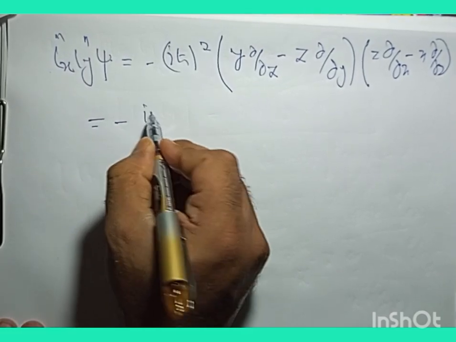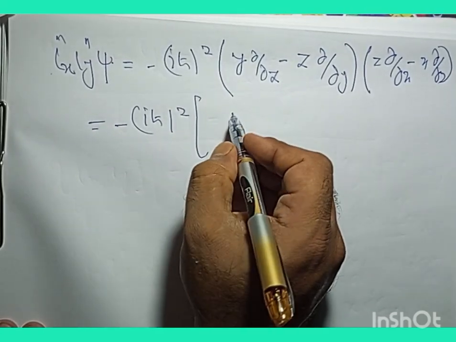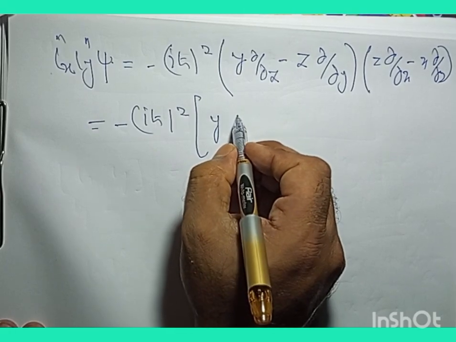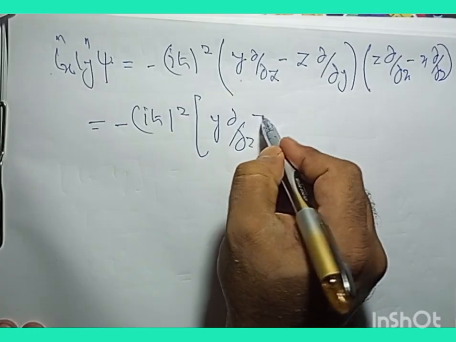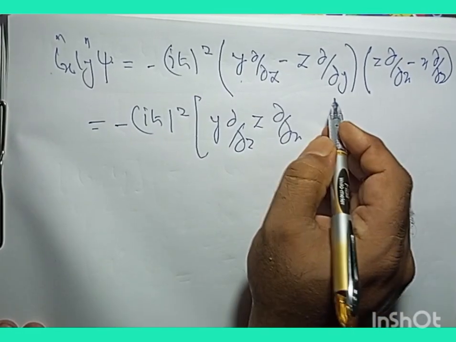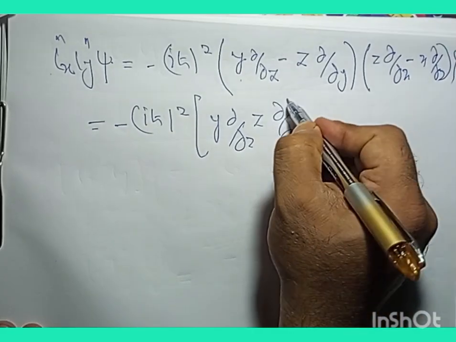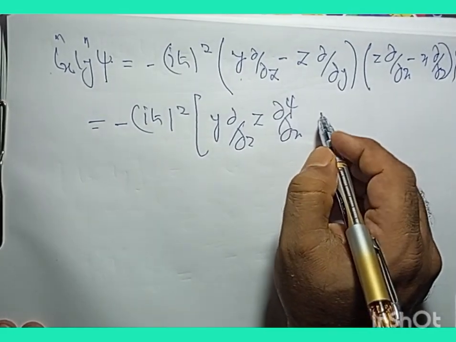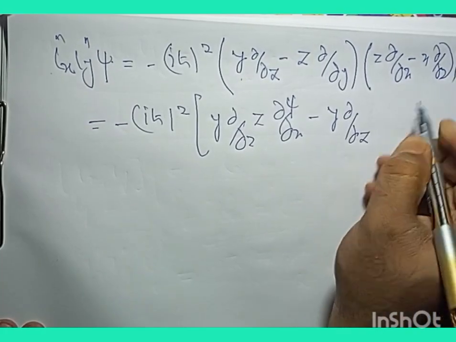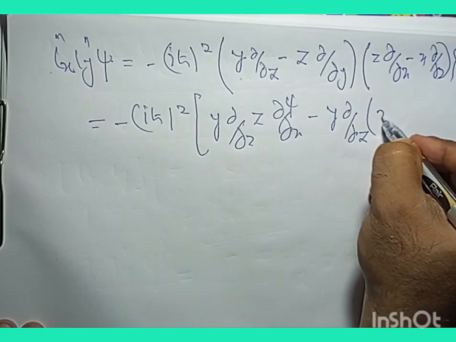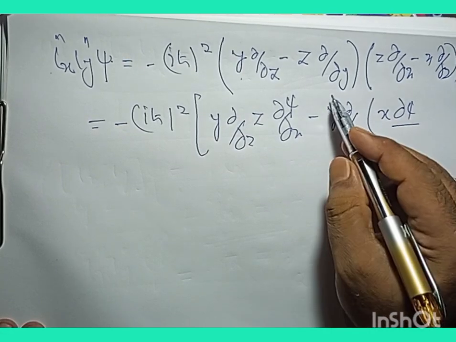With the (iħ) whole square out, what we obtain is y ∂/∂z of z ∂/∂x, that should be the first term, but let me take psi inside, so it will have a psi here. Then the next term will be minus y ∂/∂z times x ∂psi/∂x.